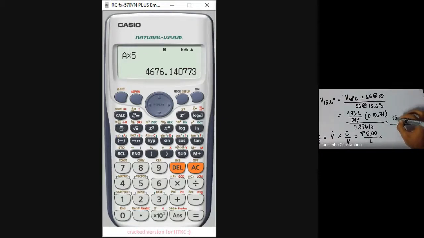So 935.2066 liters per day. So the cost per day will be 4,676 pesos and 0.14 centavos per day.